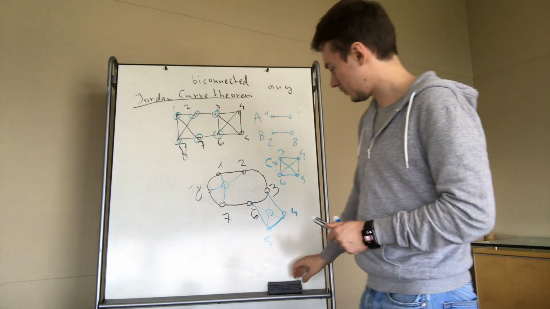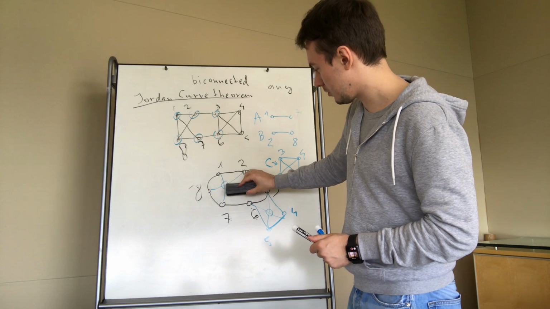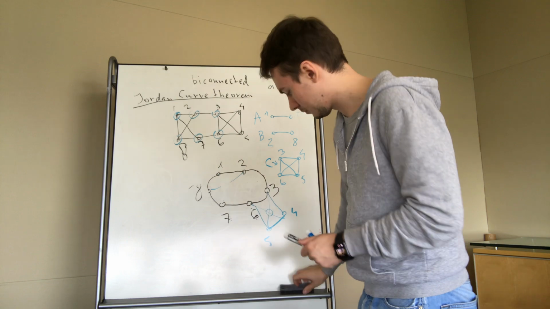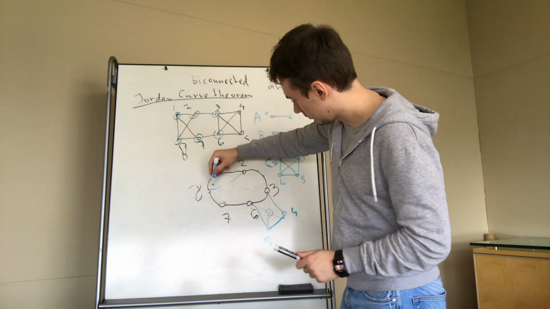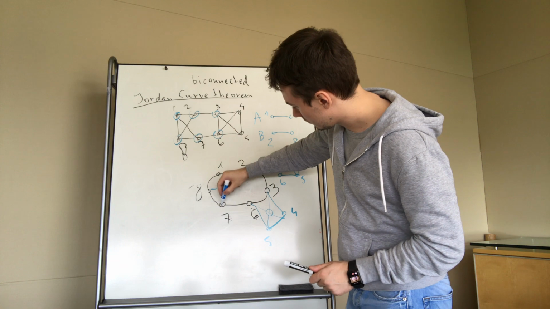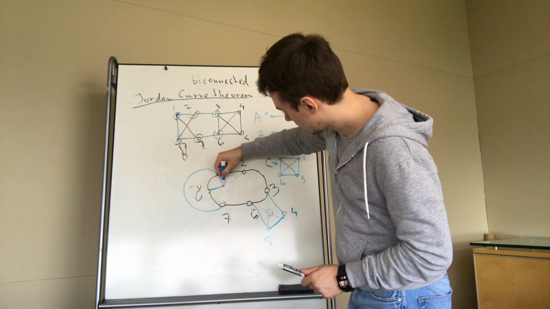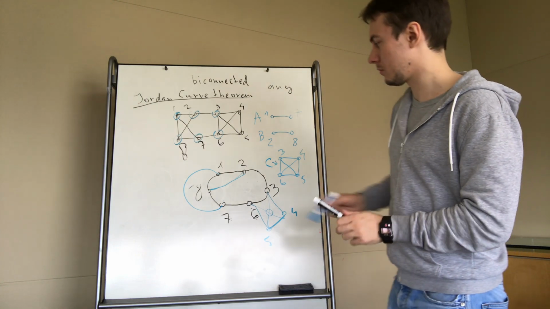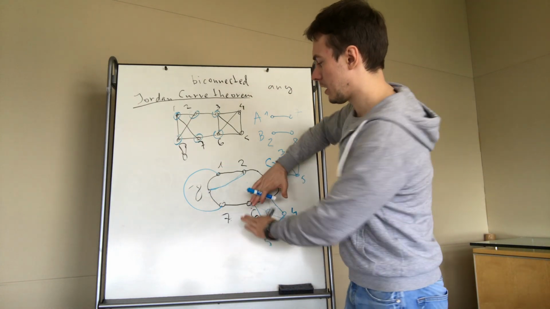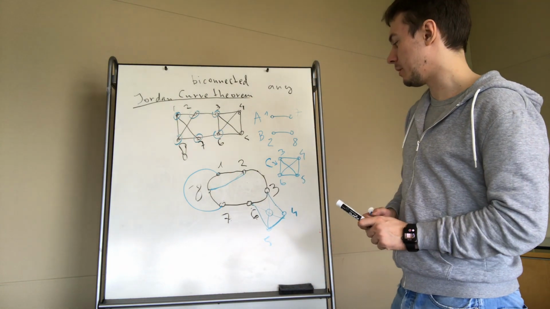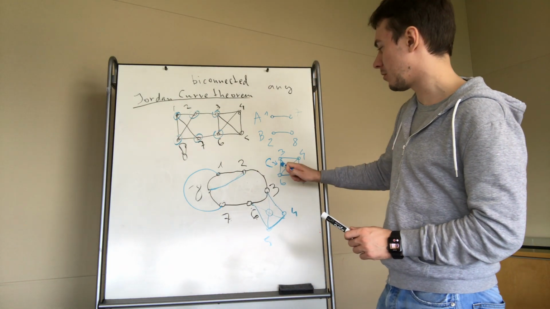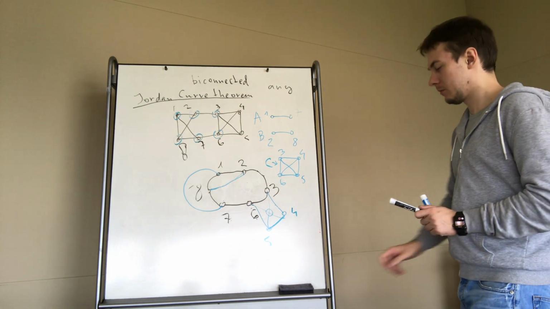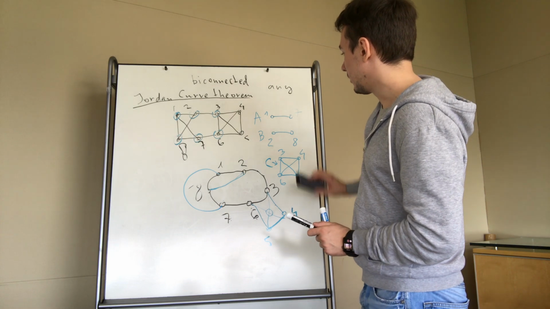After that, now we can draw this graph like this. As you can see, in this part of the graph, we have no intersections anymore. But now we need to check if this subgraph 3, 4, 5, 6 is a planar one.